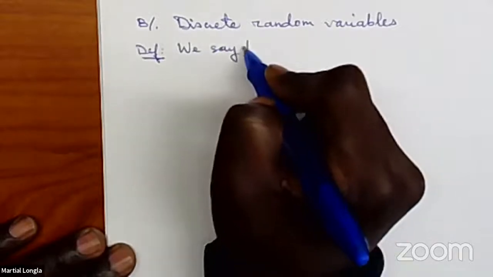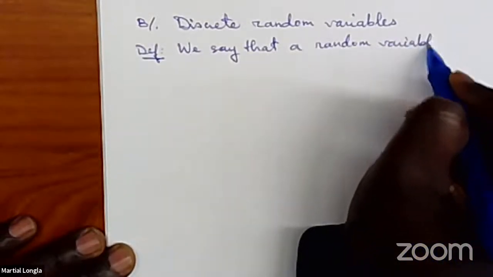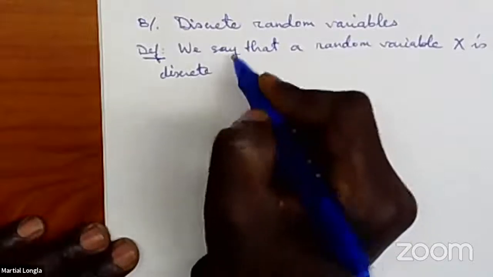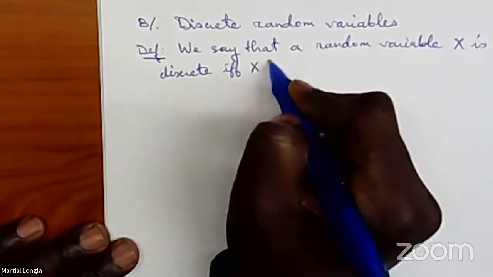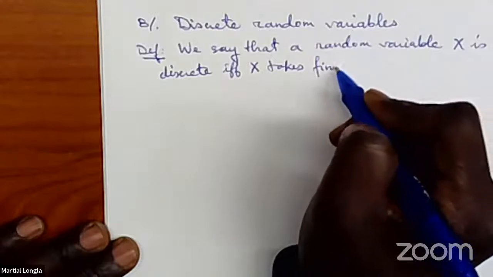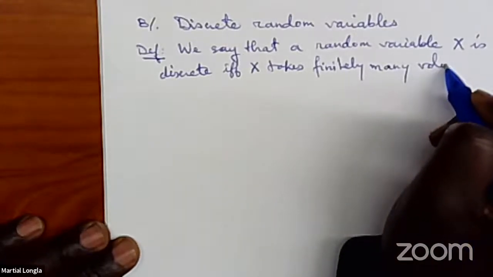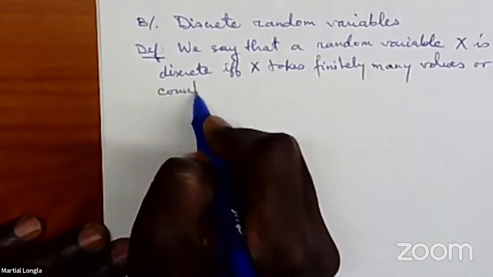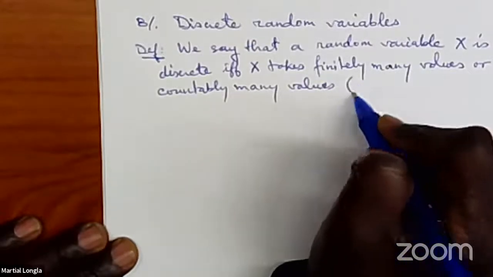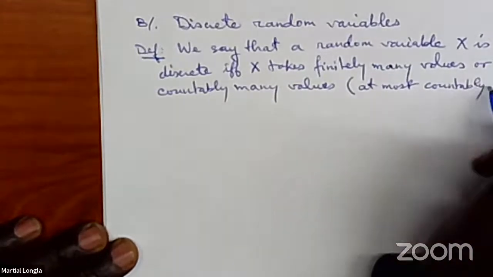So we say that a random variable X is discrete if and only if X takes finitely many values or countably many, or you can say at most countable.